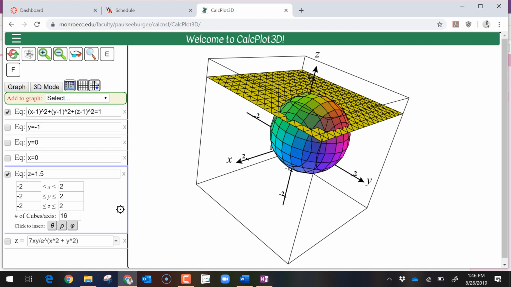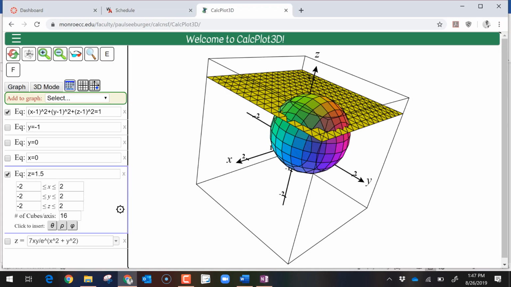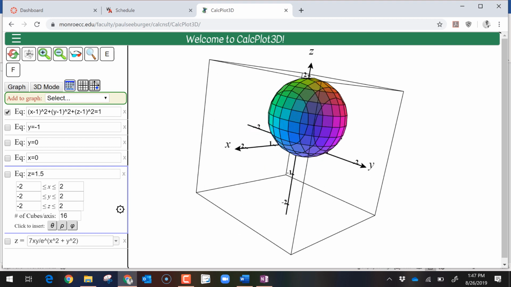But the first thing for us is to gain confidence and gain control over looking at these surfaces and being able to visualize things in three dimensions. Take a picture of that. Are there any questions?